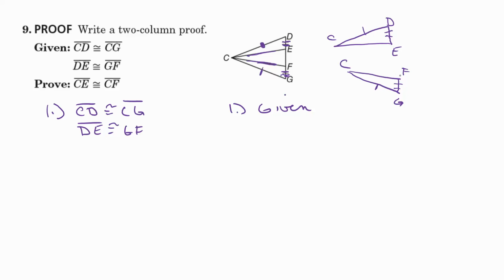So really, we need either another segment being congruent, but that's a segment that we're ending up trying to prove congruent, or we need an angle that's between the two sides. So since I've been told that CD is congruent to CG, we have that triangle CDG is isosceles.